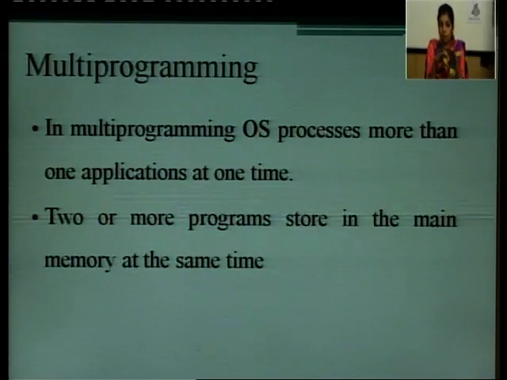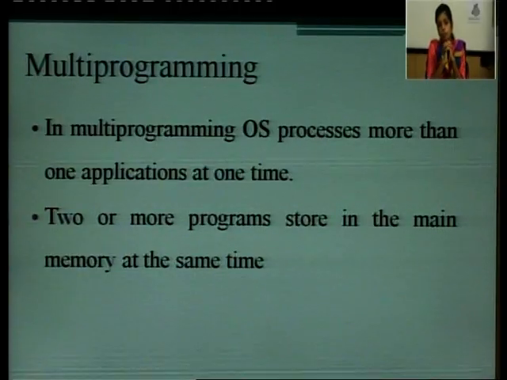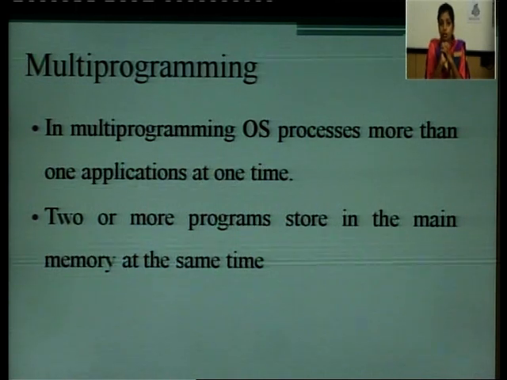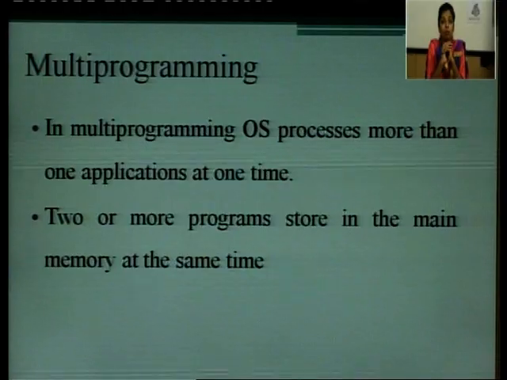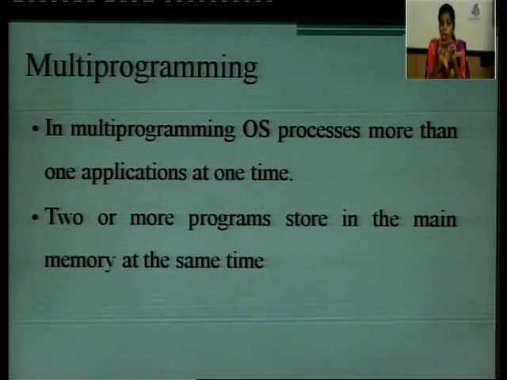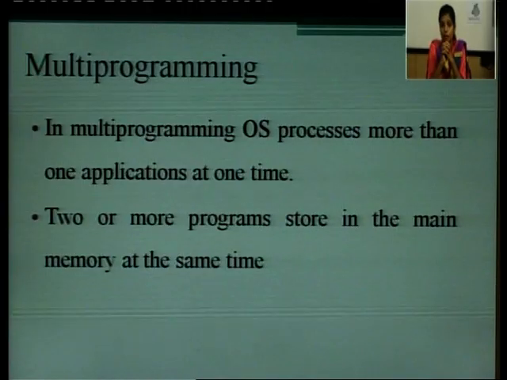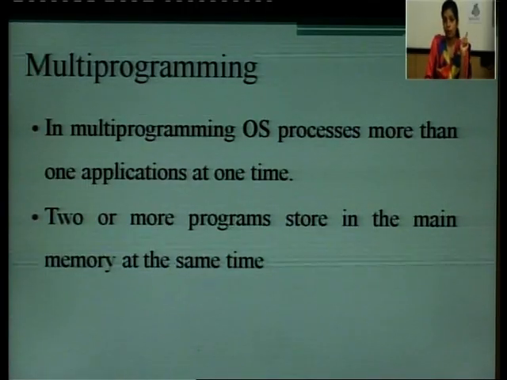So, at a single time we are performing two or three functions. These functions execute without interrupting each other with the help of the operating system, which manages their execution. Two or more programs are stored in memory at the same time, at different memory locations, not the same memory location.